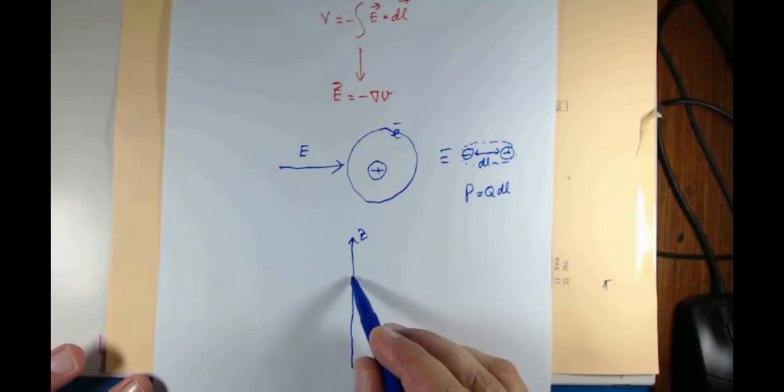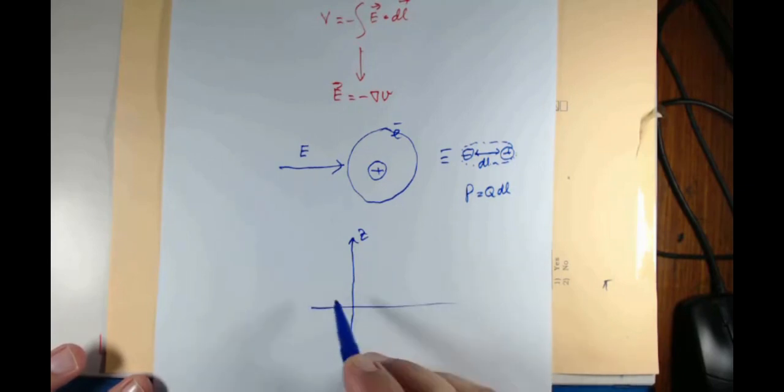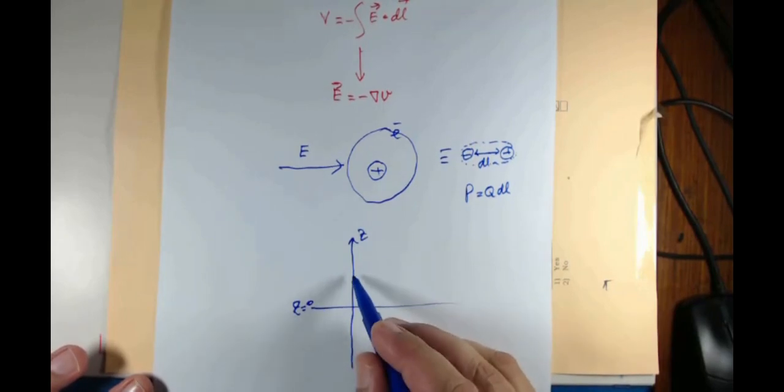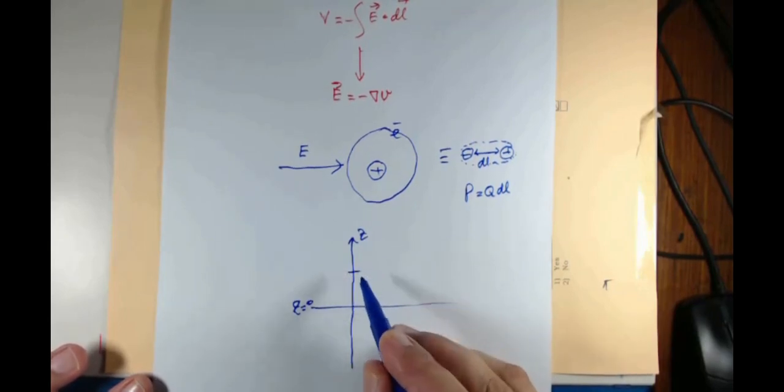Suppose a positive charge exists above, in the z greater than 0 region.